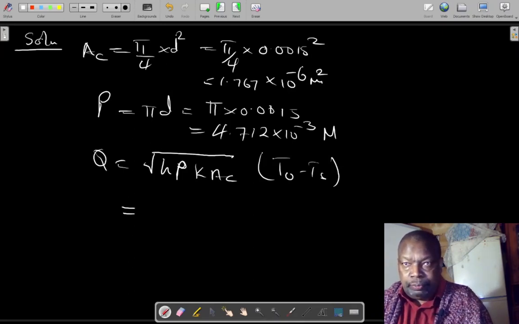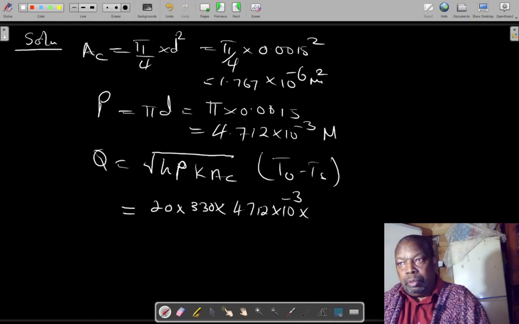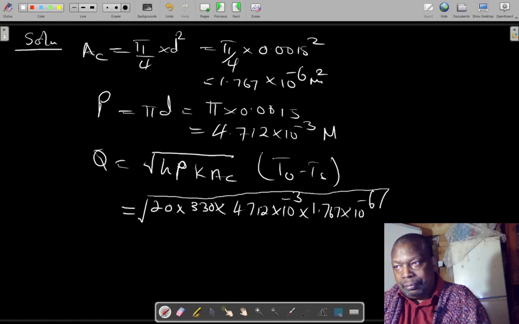This is equal to the square root of 20 times 330 times P, which is 4.712 times 10 to the power of negative 3, times 1.767 times 10 to the power of negative 6, times (190 minus 28).